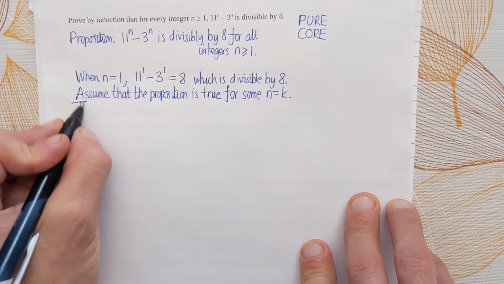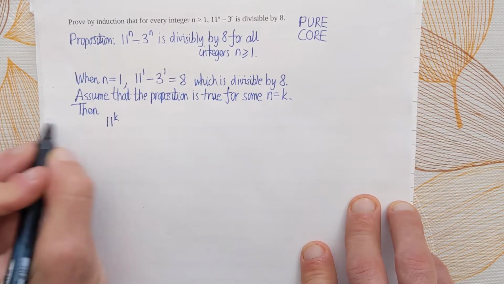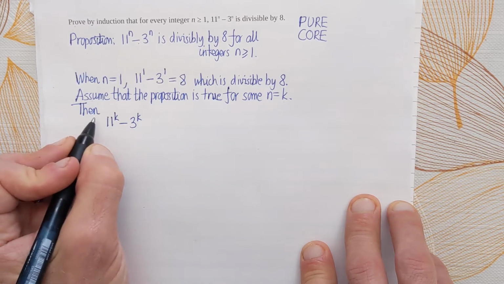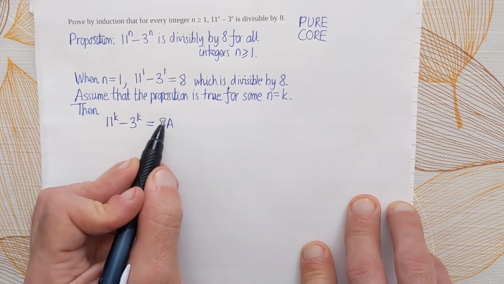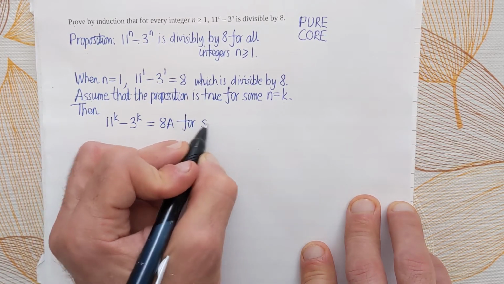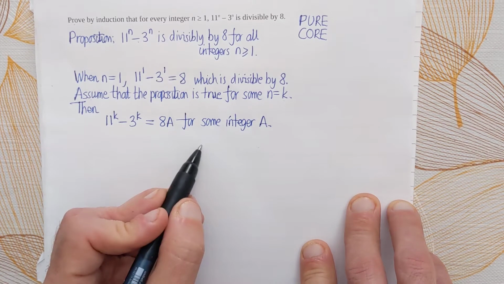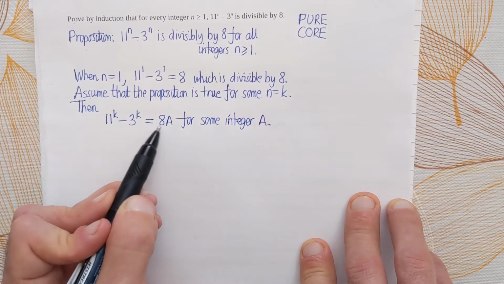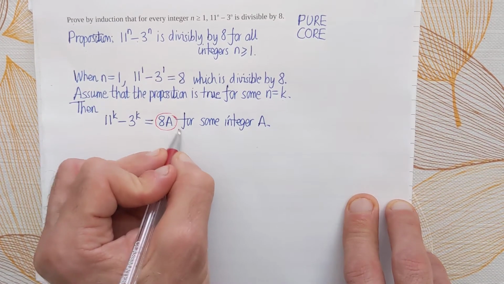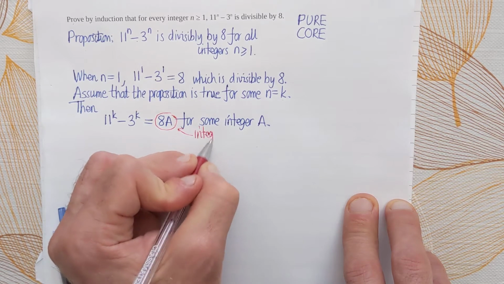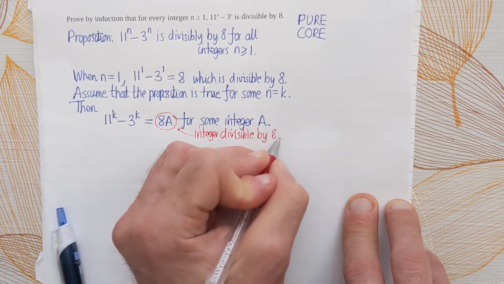And then in this case, 11 to the power of k minus 3 to the power of k must equal some multiple of 8. So we're assuming that it's true and that it produces a multiple of 8. So this is an integer divisible by 8.